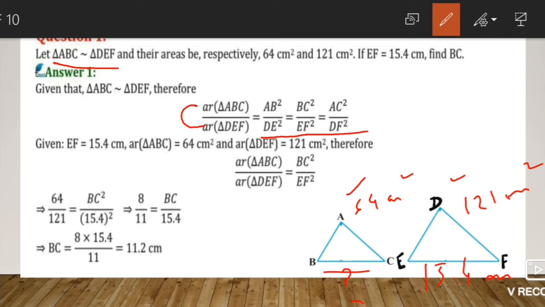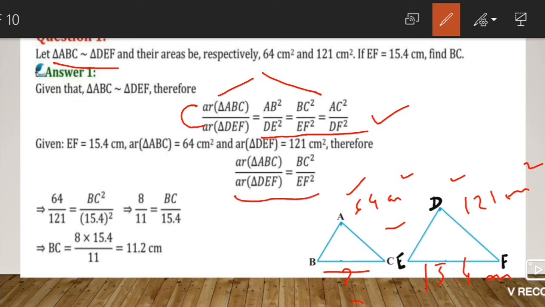That means if ABC is similar with DEF, then AB by DE whole square, or AB square by DE square, is equal to BC by EF whole square, is equal to AC by DF whole square. From this equation I am taking the first ratio and the third ratio and writing it here.